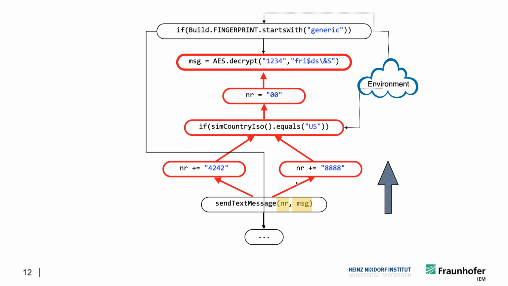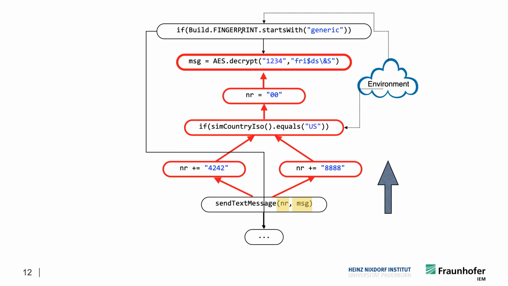This is then a static slice, so basically a subpart of the program that we would need to execute in order to be able to compute these values. All the rest doesn't actually matter to us. There is this environment check here, this emulator check, but it's not essential to the computation of these values, because if these values are computed at all, then this branch has to be true.